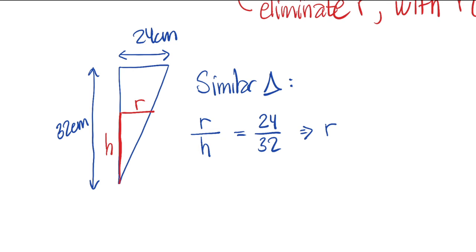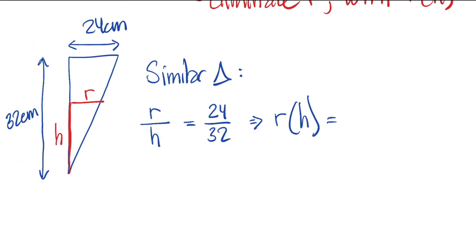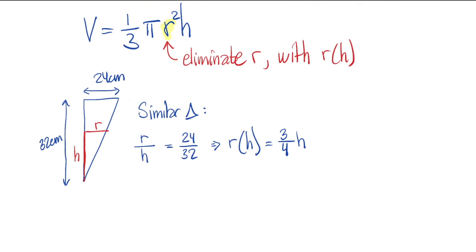So r will now become a function of h, and we can reduce 24 over 32 to 3/4 times h. And now we can eliminate the r by substituting in that expression right there. So let's rewrite our volume formula.